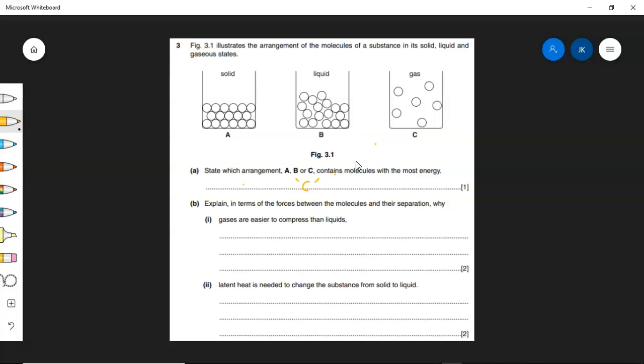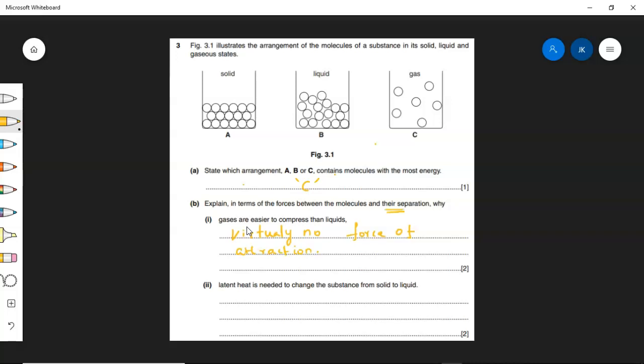Explain in terms of the forces between the molecules and their separation why gases are easier to compress than liquids. Because, you have to write in terms of forces between the molecules, virtually no force of attraction, so you can compress it easily.